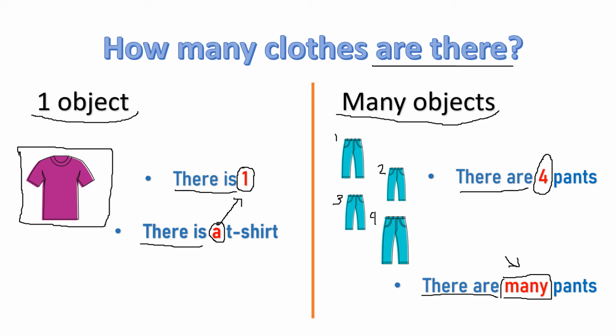There are many pants. Hay muchos pantalones. Es importante tener en cuenta que cuando hablamos de un objeto, de que hay un objeto, utilizamos there is. Cuando hay varios, there are.